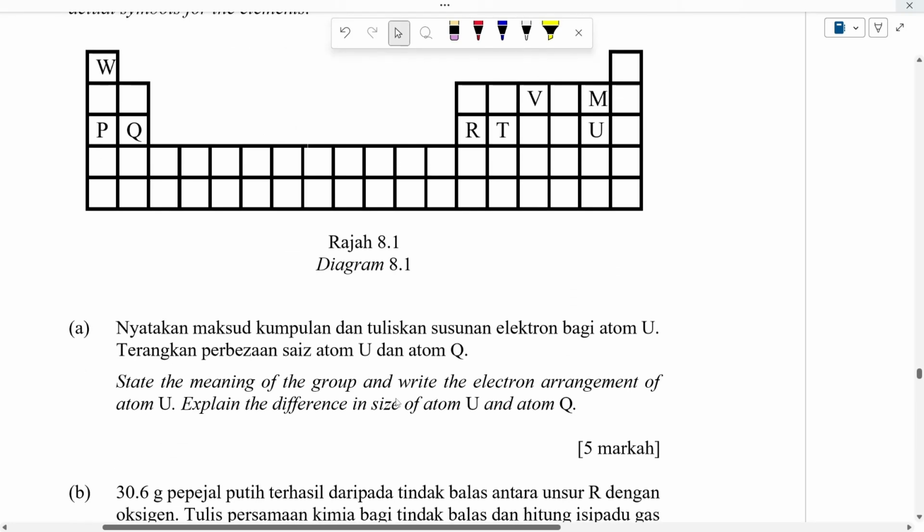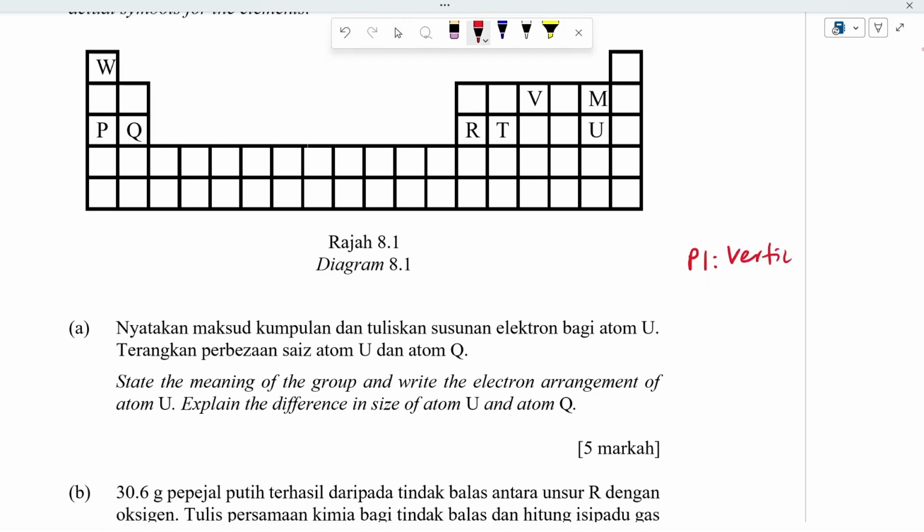State the meaning of the group. Okay, class, what is the meaning of the group? Okay, first question. What is the meaning of the group? So point number 1. Okay, vertical column.